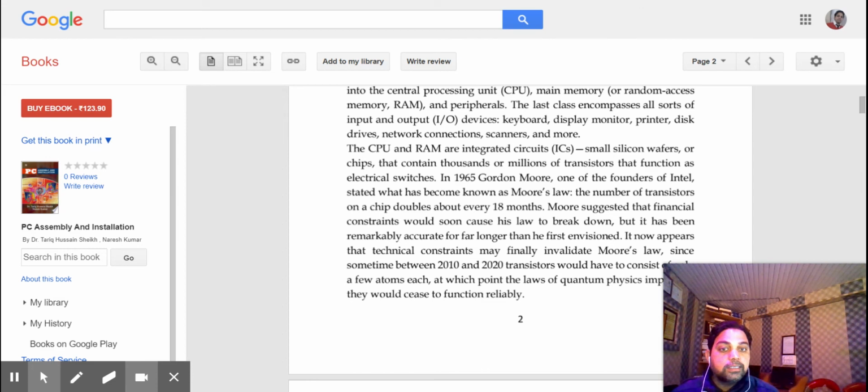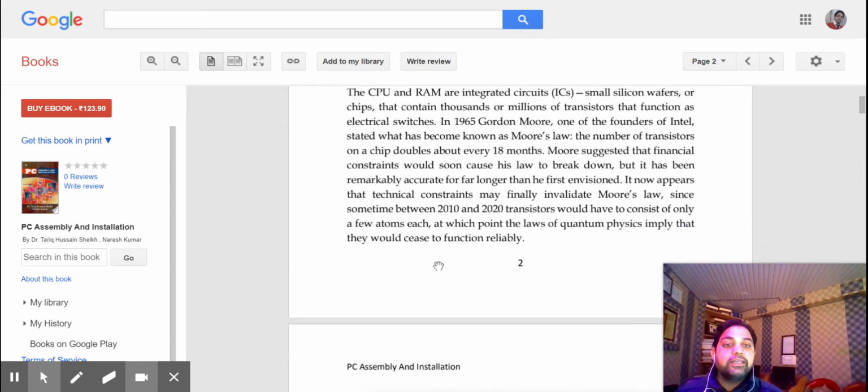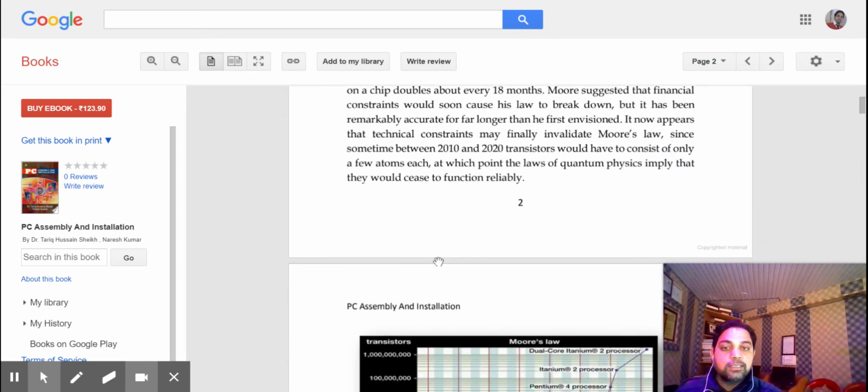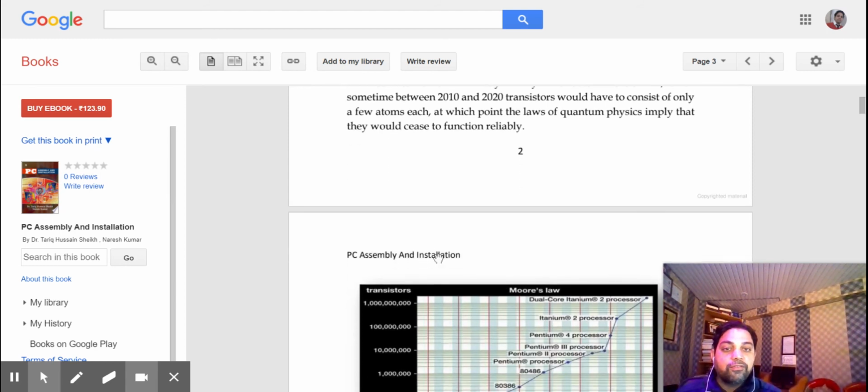It now appears that technical constraints may finally invalidate Moore's law, since sometime between 2010 and 2020, transistors will have to consist of only a few atoms each, at which point the laws of quantum physics imply that they would cease to function reliably.